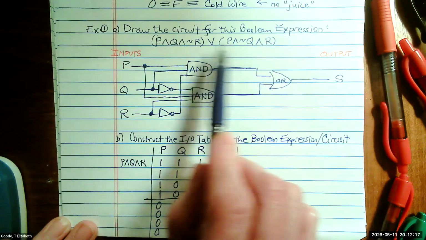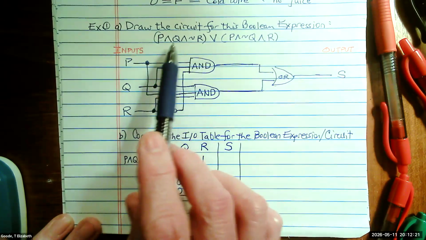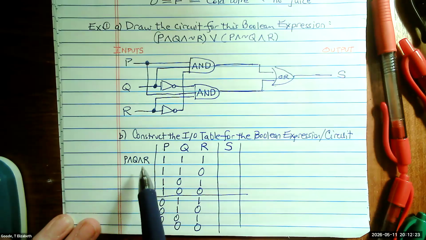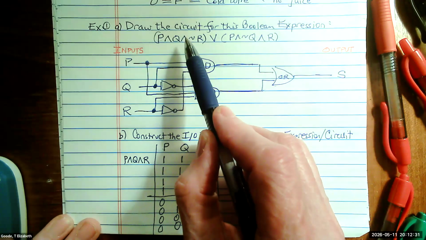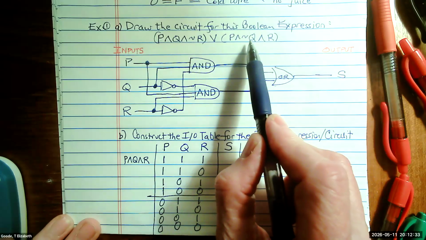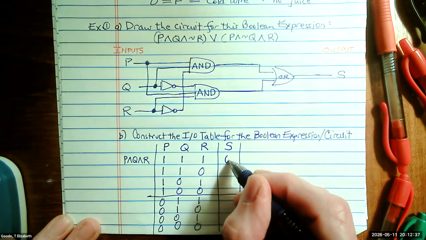See, neither of these two expressions is P and Q and R. In other words, we don't want a hot output when P and Q and R are all hot, because we only want a hot output in this circumstance or this input state. So the output in this row is 0.